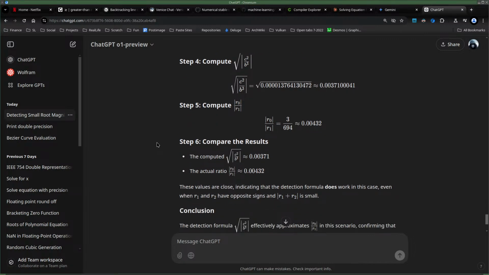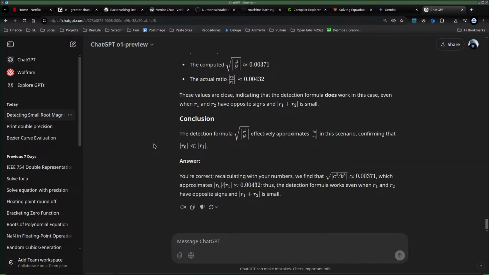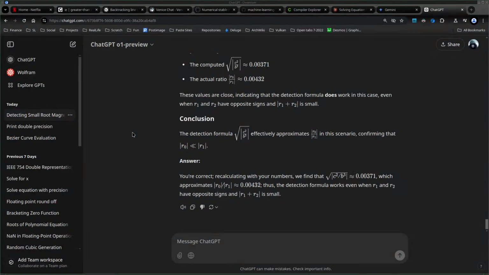Okay, I have a particular cubic where everything went wrong. I can paste it on Discord. Let me see where I have it.